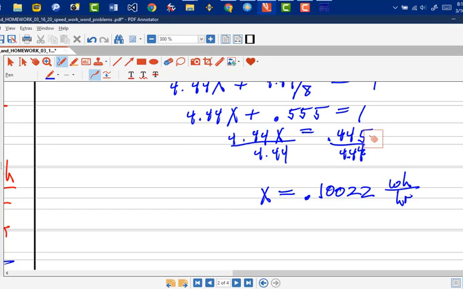Okay, so how long would it take him to do it alone? So his rate is that. So if I make x now, well, I'll use a different variable. I'll use y equals time for Adam to do it alone.